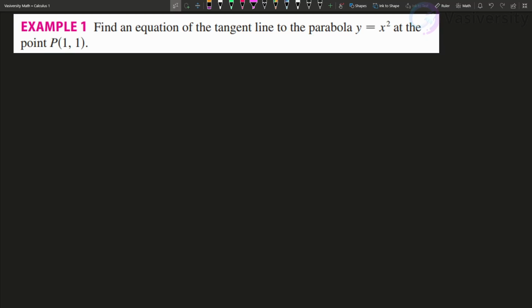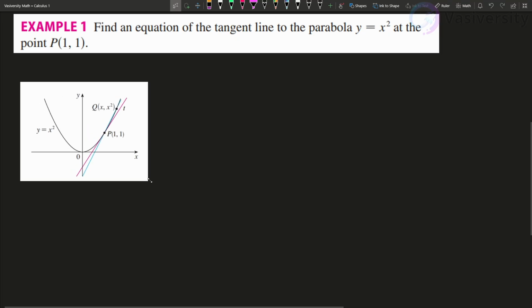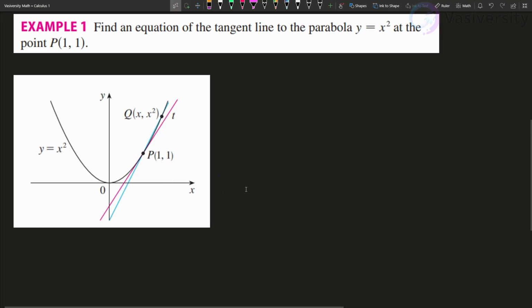The easiest thing we can do first is to draw the parabola. So y equals x squared is going to look like this. We have a parabola and a point (1, 1), and we should have a tangent line passing through that point, and we know that it should exist. We'll be able to find an equation of the tangent line as soon as we know the slope of the line.